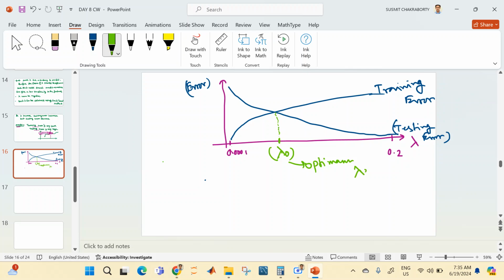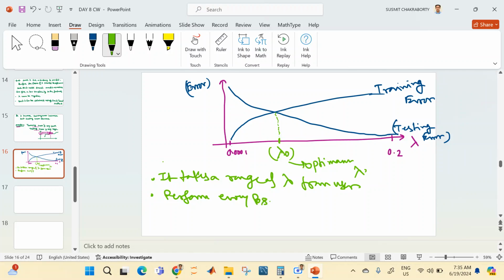So grid search takes a range of lambda from the user, then performs every possible model with all lambda values between the range.